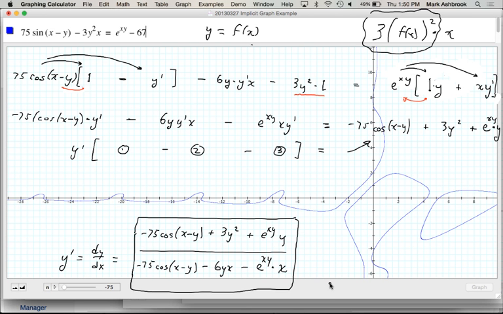And we got it. Six terms, 3 had y prime, so I moved those to the left, 3 did not, so I moved them to the right, and then I got my rate of change equation.